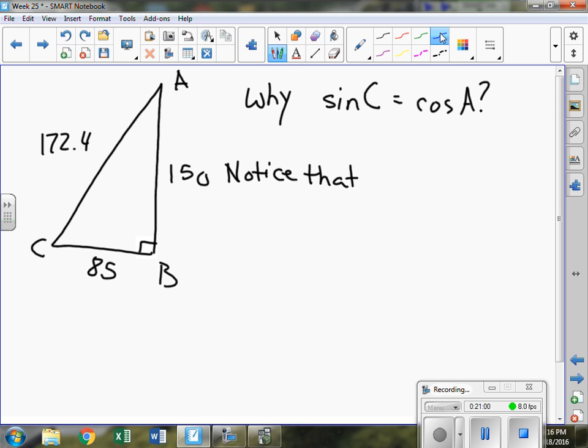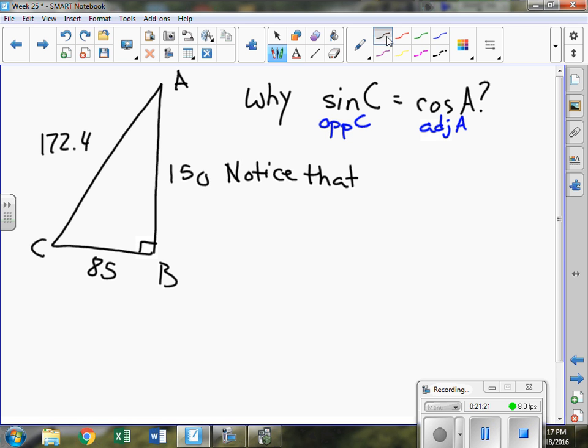Remember where sine comes from? Sine comes from the opposite of angle C over hypotenuse. Cosine comes from the adjacent of A over the hypotenuse.